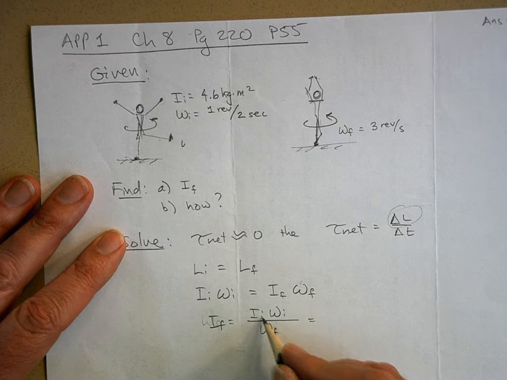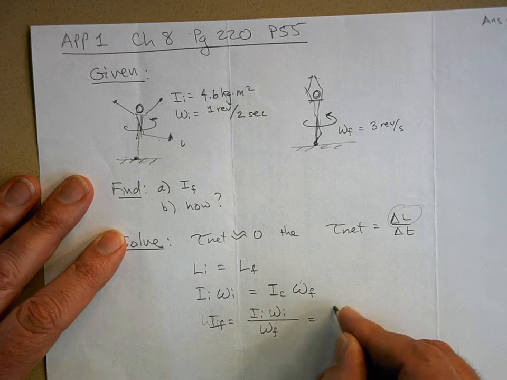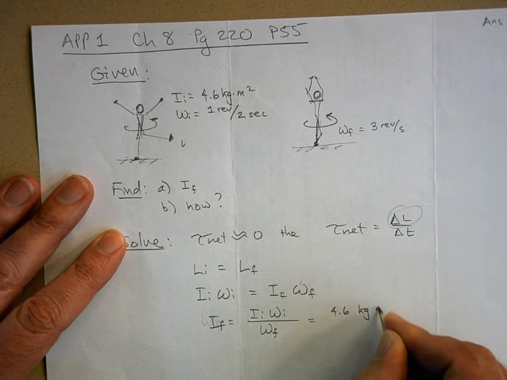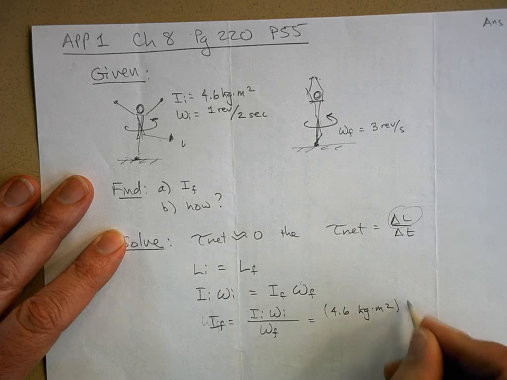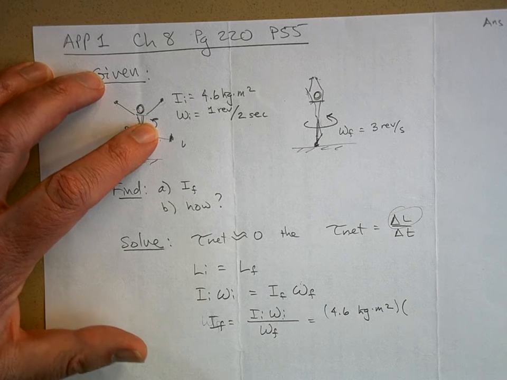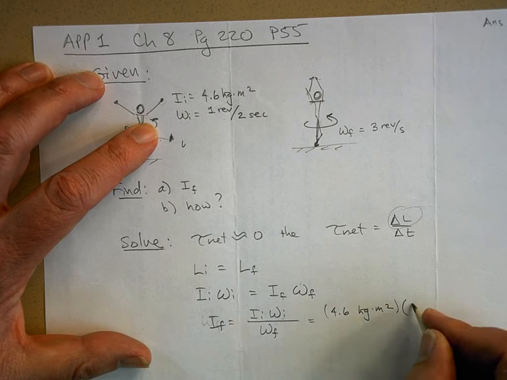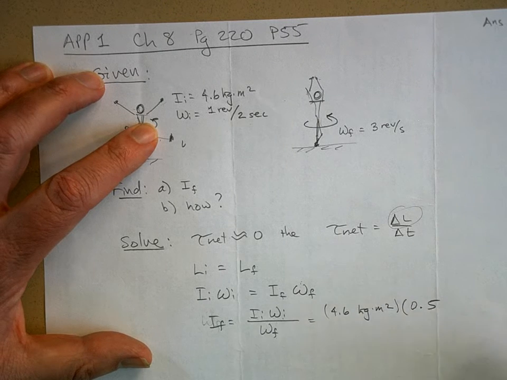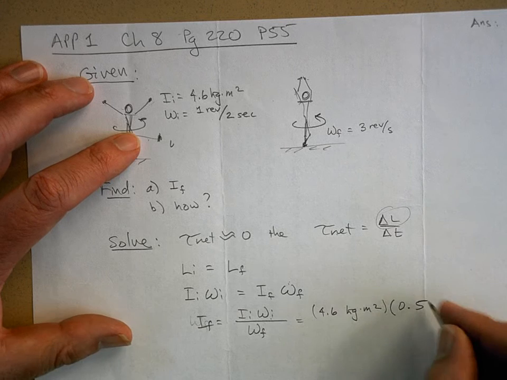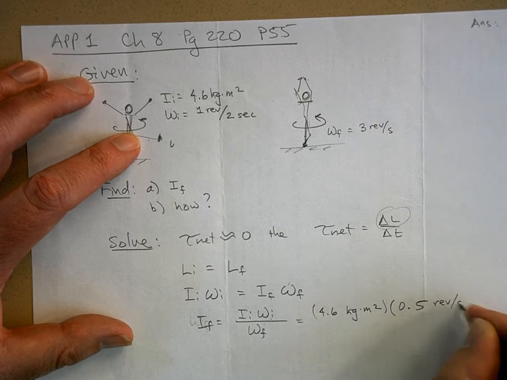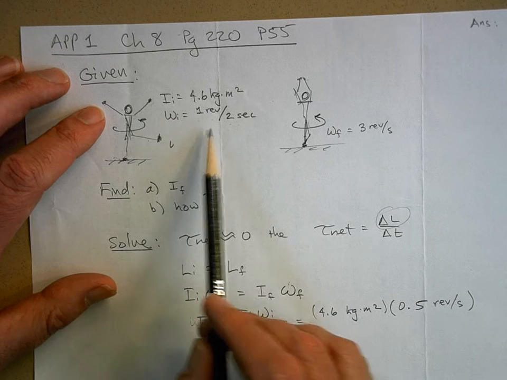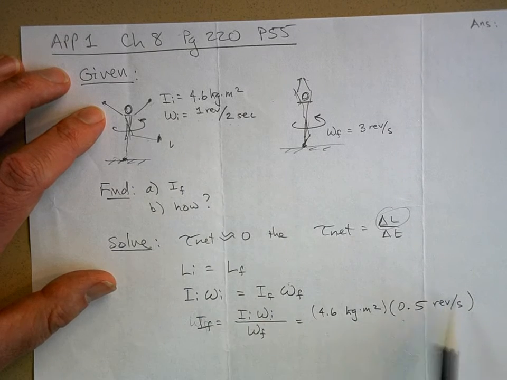Well, the initial rotational inertia is given to be 4.6 kilogram meters squared. Now, the initial angular velocity is 1 revolution every 2 seconds, which is 0.5 revolutions per second, right? 1 over 2 is 0.5 revolutions per second.